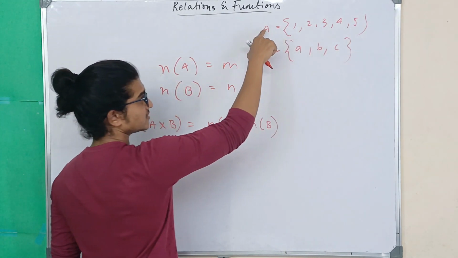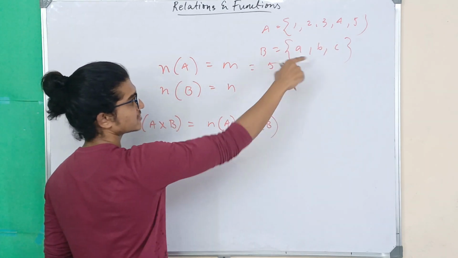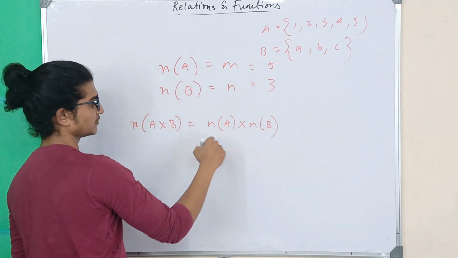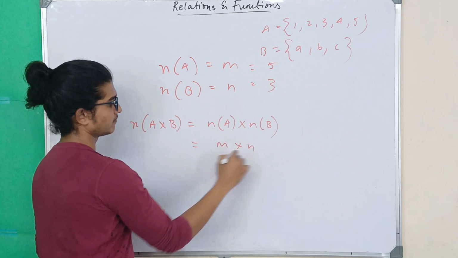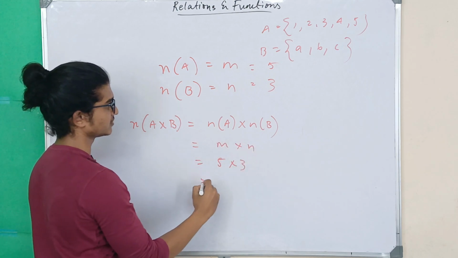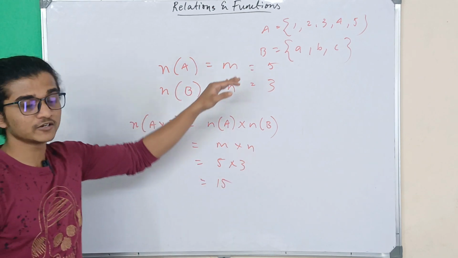So what is the number of elements in set A? It is 5 elements. The number of elements in set B is 3. So substitute here: m into n, 5 into 3, which is 15 elements. So if you do A cross B, you're going to get 15 different elements.